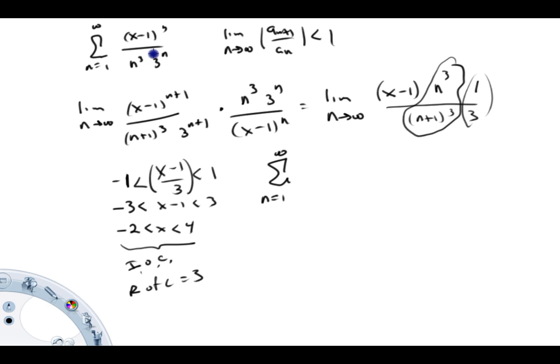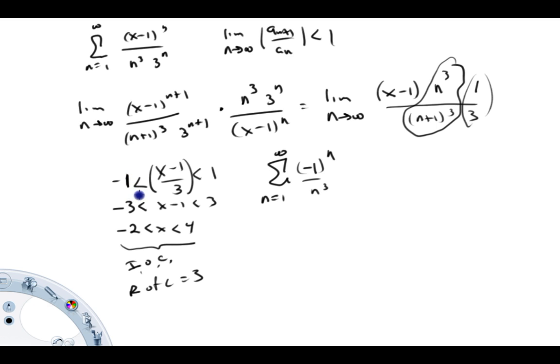So we can write that as minus 1 to the n, and then there's this over n cubed. Okay. So what I've done is written this (x minus 1) over 3 to the n, and replaced the (x minus 1) over 3 with negative 1.